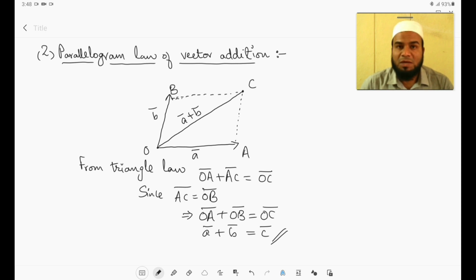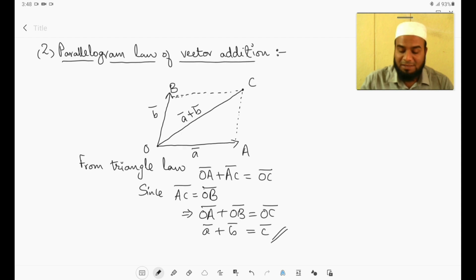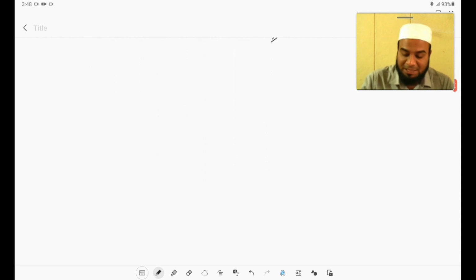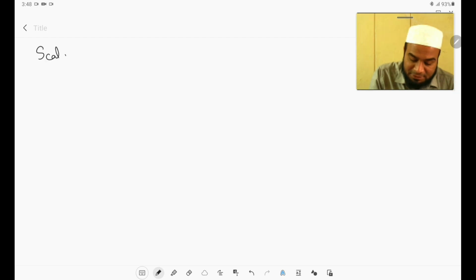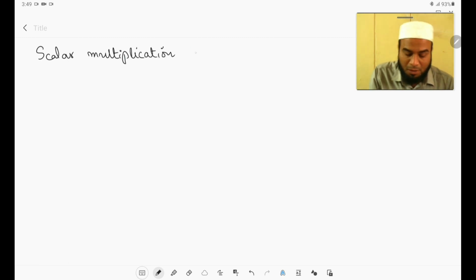Now we are going to see how to multiply a vector with a scalar, that is called scalar multiplication. So the next side heading is scalar multiplication of a vector, right?